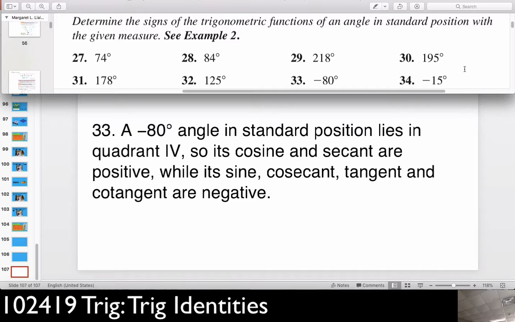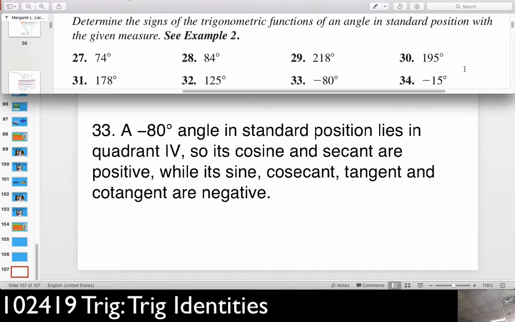Sine is y over r, cosine is x over r, tangent is y over x, and cosecant is r over y, secant is r over x, and cotangent is x over y.